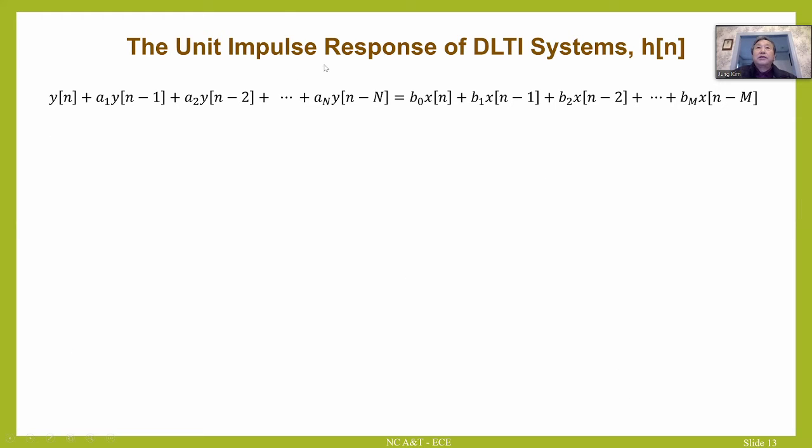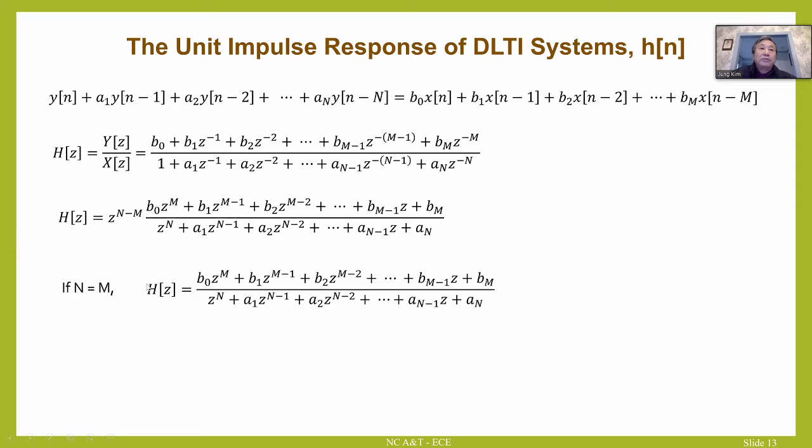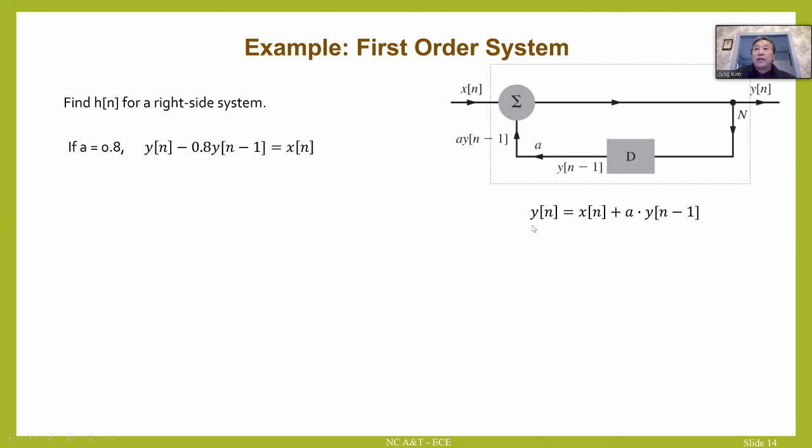Okay, so unit impulse response. Once you have H of z, the impulse response is the inverse G transform, h of n. Very simple. For example, for the first order system with a equals 0.8, we found H of z is g over g minus 0.8. So h of n is 0.8 to the n u of n.